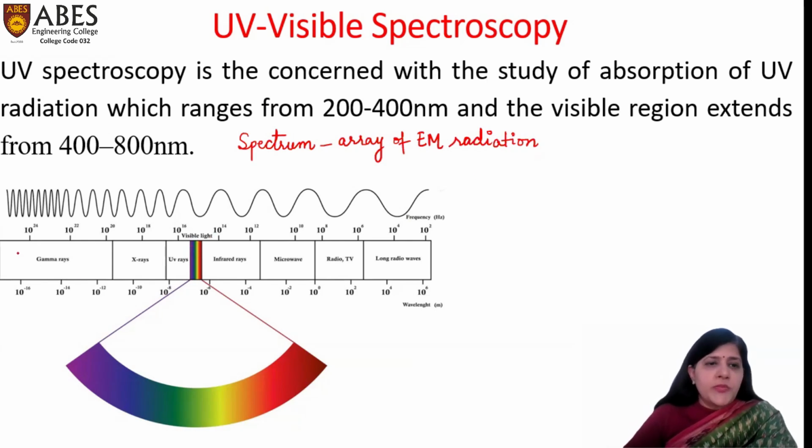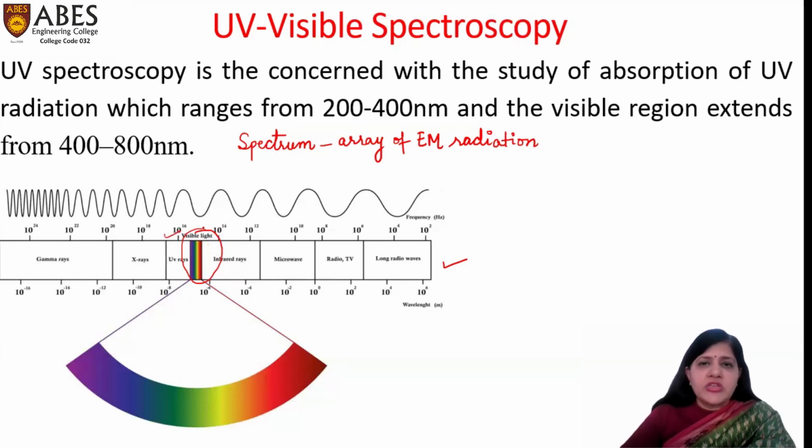As we move from gamma radiations to long-range radio waves, frequency of radiation decreases, which means the energy of these radiations decreases, and wavelength increases. When we talk about UV visible spectroscopy, we are concerned with this part of the spectrum, the UV and visible part of the spectrum.